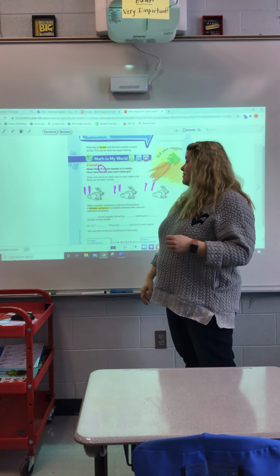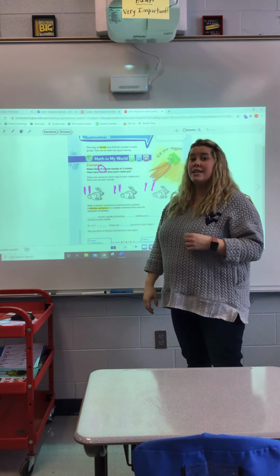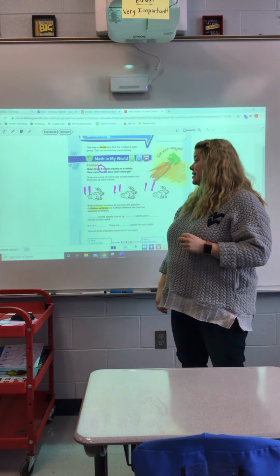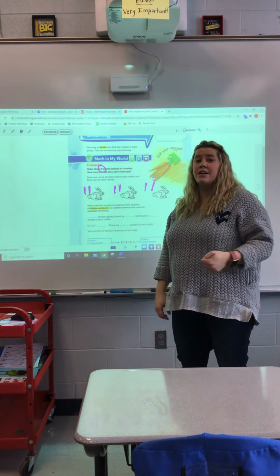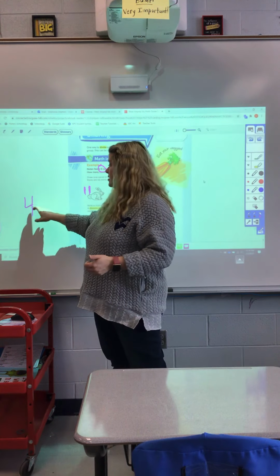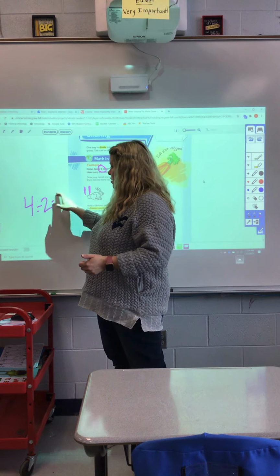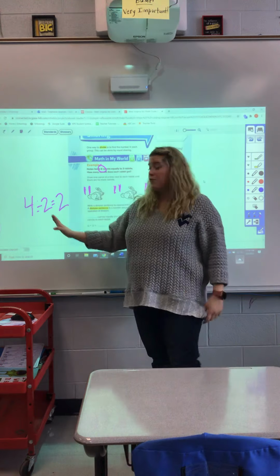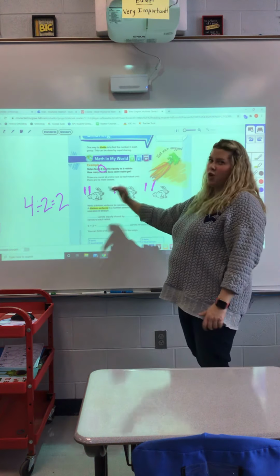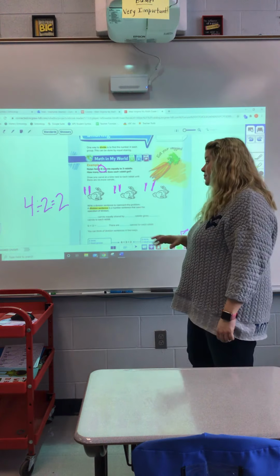It says write a division sentence to represent the problem. A division sentence is a number sentence that uses the operation of division. So we talked about that yesterday. A division sentence looks something like that. 4 divided by 2 equals 2. So let's write a division sentence for our bunny and carrot problem.